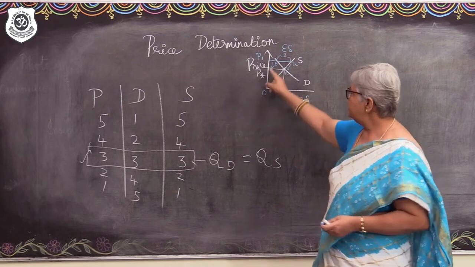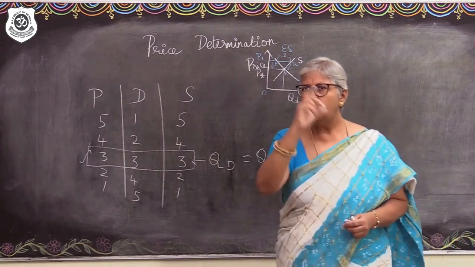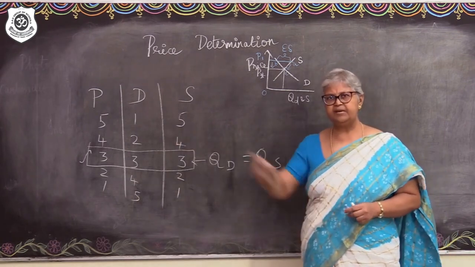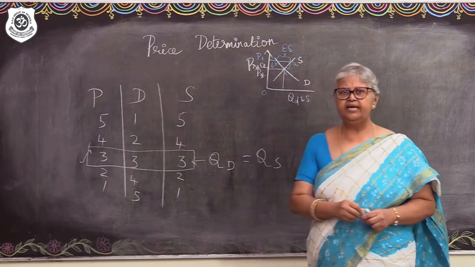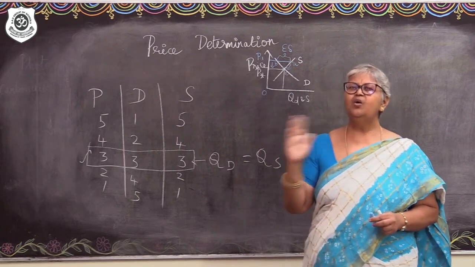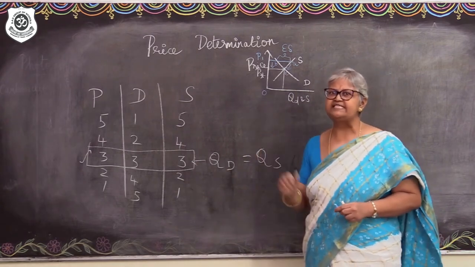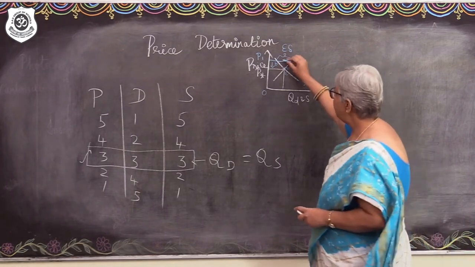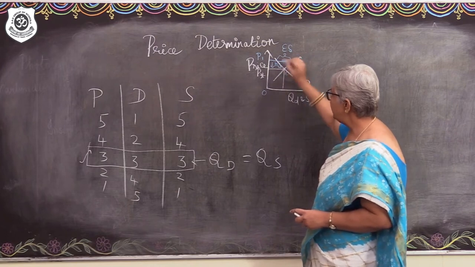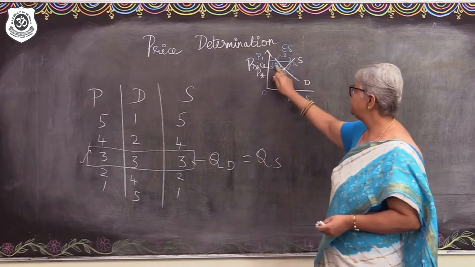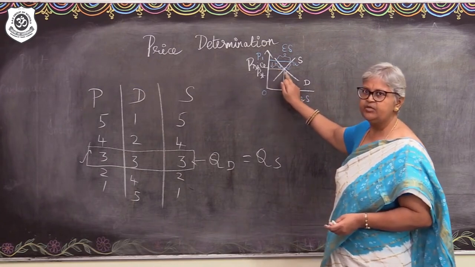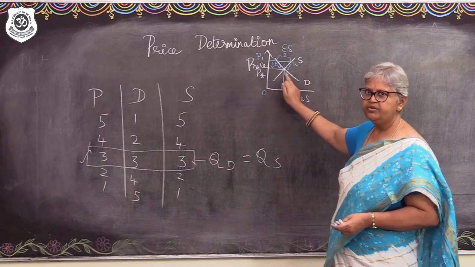And even as the price is going to fall, what will happen to the demand? You know that when the price falls, the quantity demanded extends. Again, as per the law of demand, the quantity demanded is going to extend, right? So, along this demand curve, there is going to be an extension. So, from this point B, the quantity demanded will extend and it will move on to E, right?